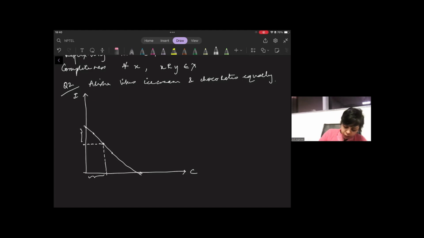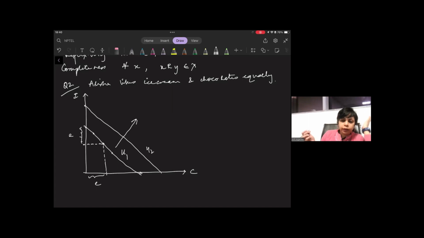If this is some quantity E, this is also E. So if you are reducing good 2, ice cream, by E, you're gaining good 1 by E also, remaining at the same utility level. So this is, suppose, the U1 indifference curve. Similarly, you have U2 and so on and so forth. Your utility is increasing outward. So this arrow is very important. This arrow indicates in which direction your utility is increasing, right?